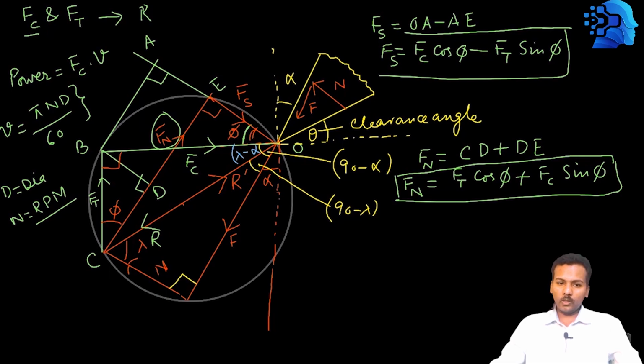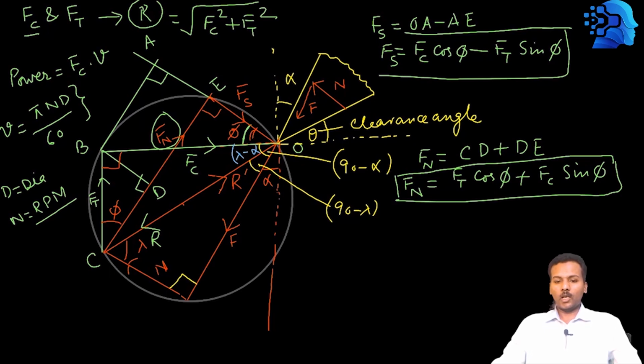Then if you know the Fc value, you can calculate the value of R, and this R can be directly calculated by the square root of Fc square plus Ft square. Now you know the R value. Remember that this R is equal to R dash. If you know the R value, then you can calculate the other forces.